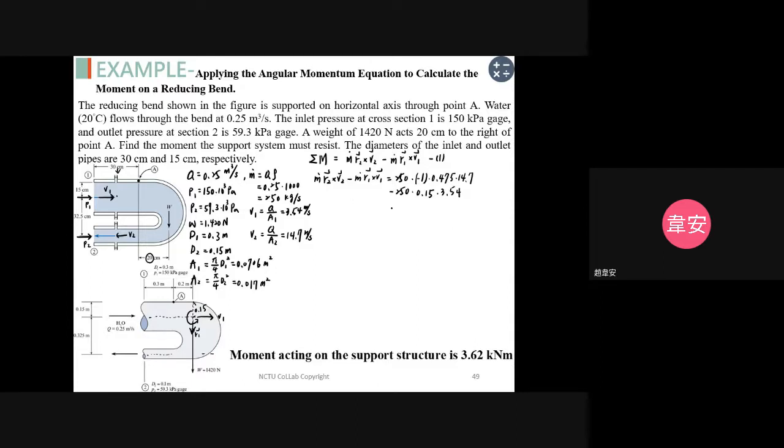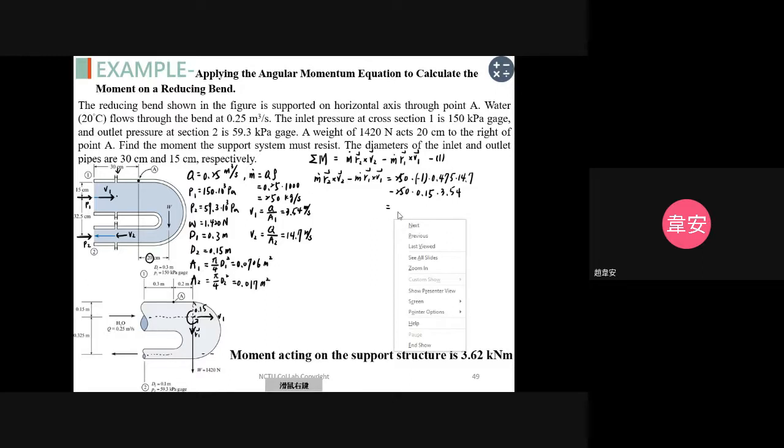So we can compute the answer: 250 multiplied by minus 1, then multiplied by 0.475, and then multiplied by the 14.7 velocity.